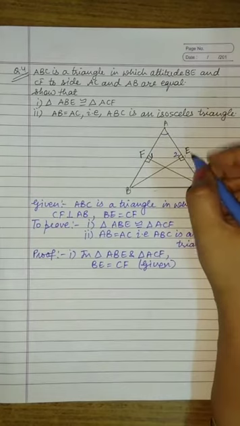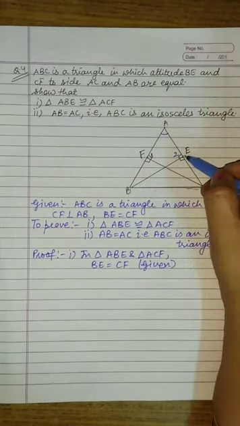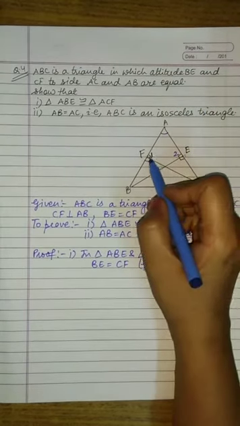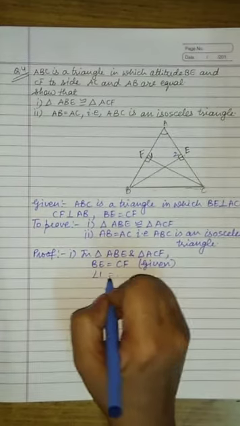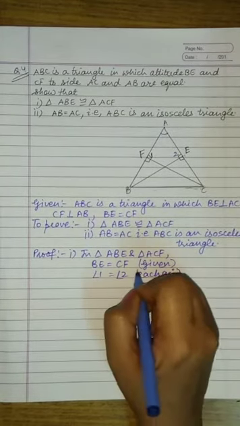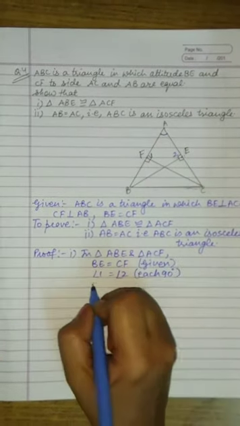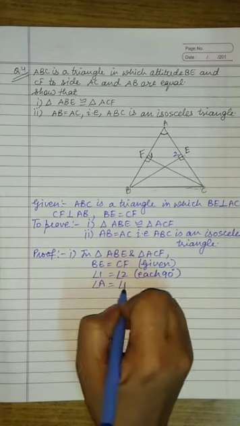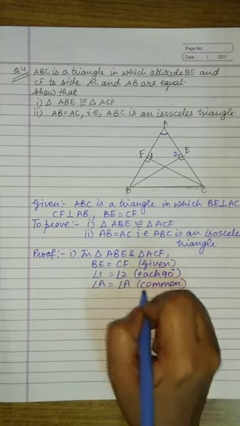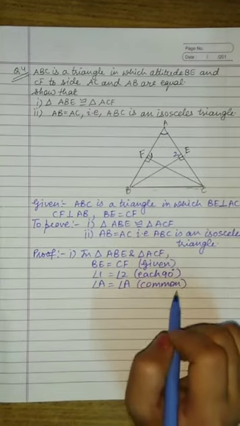Secondly, if CF is perpendicular on AB and BE is perpendicular on AC, therefore angle 1 is equal to angle 2, each 90 degrees. Then angle A is common to both the triangles, so angle A is equal to angle A, common.